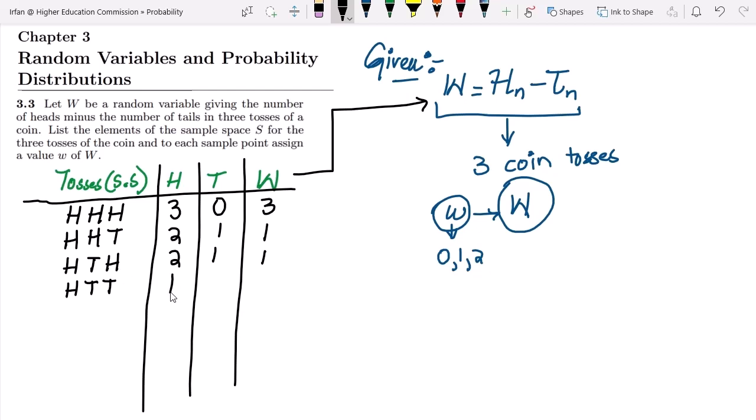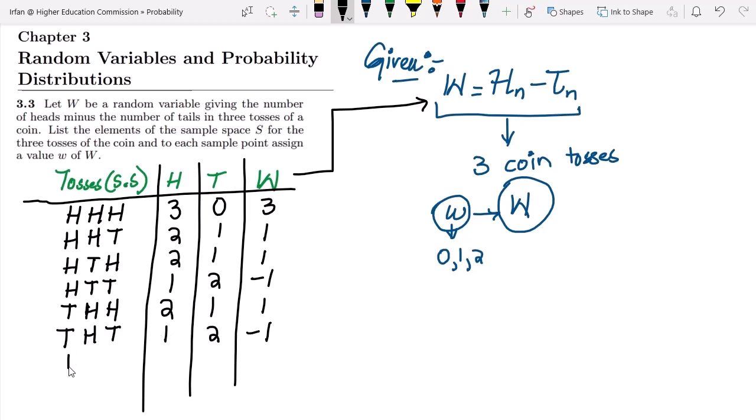So here I have 1 head, 2 tails, so the value of W would be minus 1, because 1 minus 2 is minus 1. Similarly now tail, heads, heads. Now we can see that we have 2 heads, 1 tail, so here I will have 1. Similarly tail, heads, tail. Now we have 1 head, 2 tails, so 1 minus 2 would be minus 1.